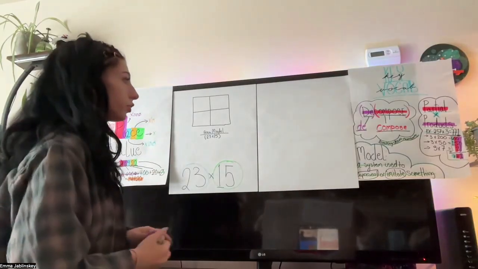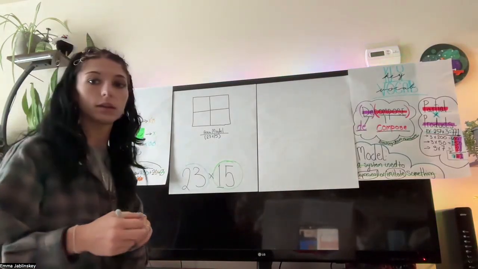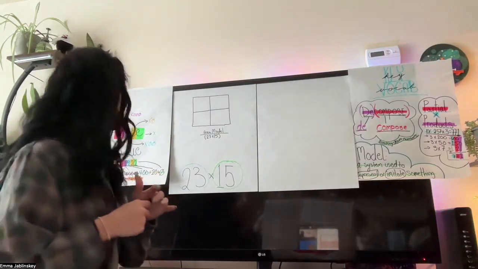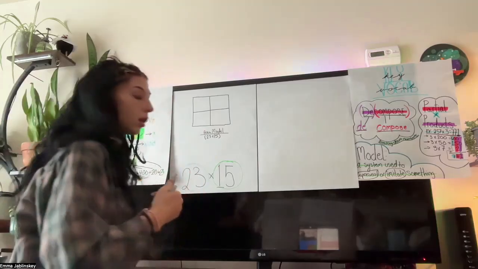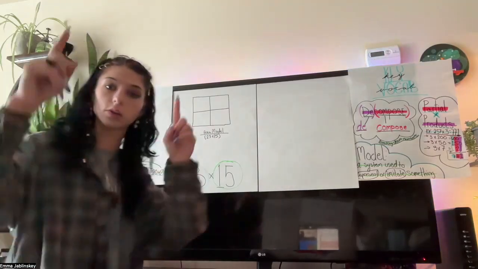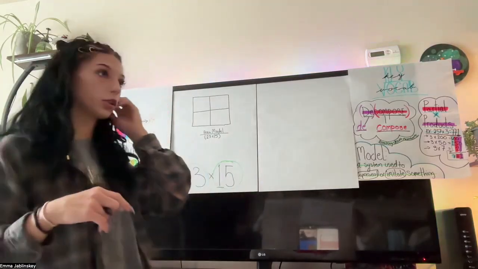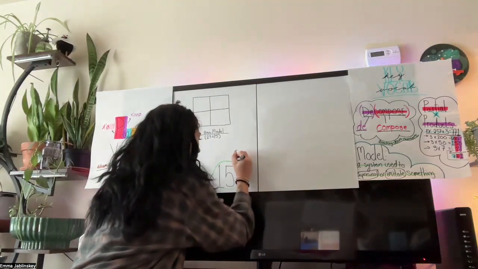To find the partial products, to decompose our number, we learned how to do it like a tree. Like if you remember our little tree representation. So we're just gonna go like this, take our tree.